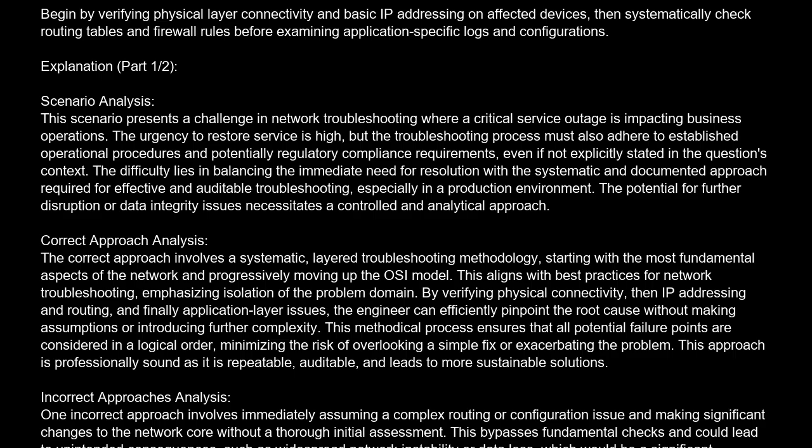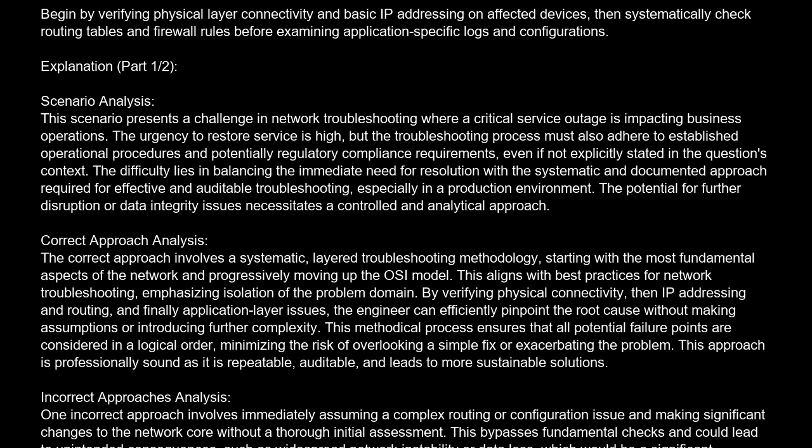Correct approach analysis. The correct approach involves a systematic, layered troubleshooting methodology, starting with the most fundamental aspects of the network and progressively moving up the OSI model. This aligns with best practices for network troubleshooting, emphasizing isolation of the problem domain.